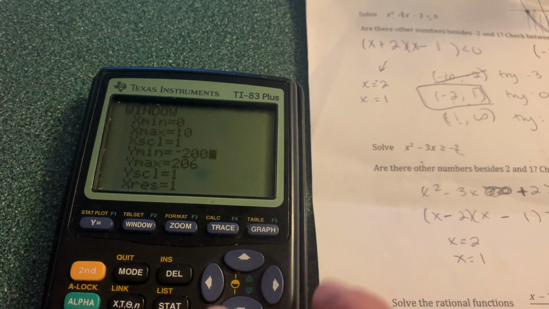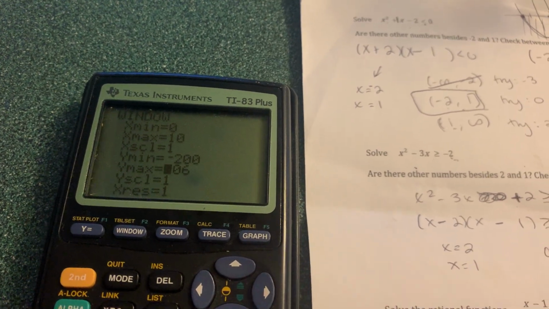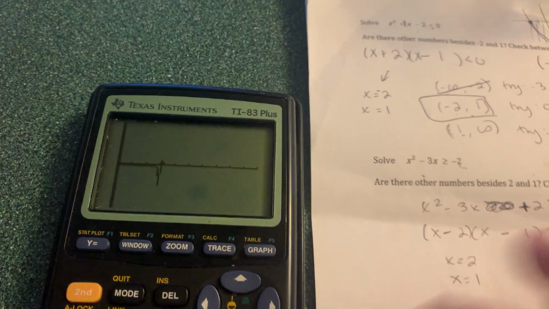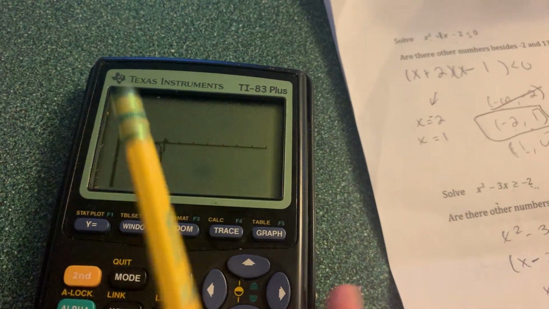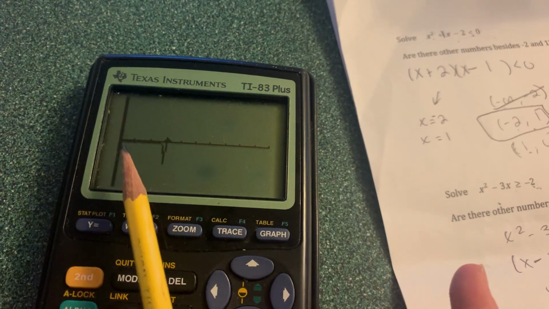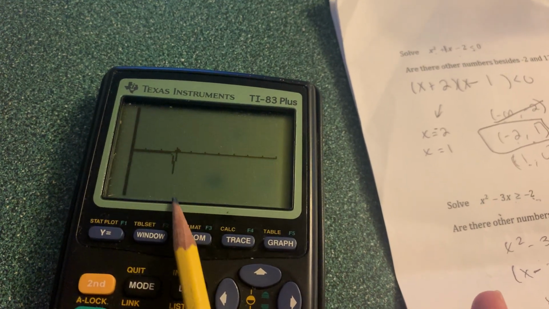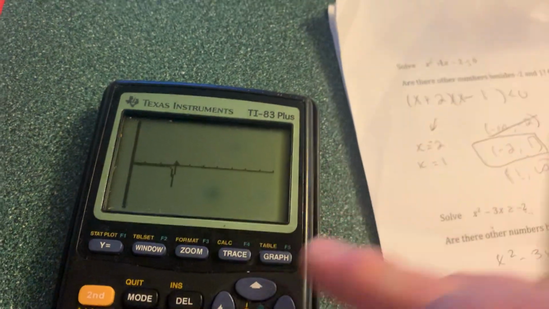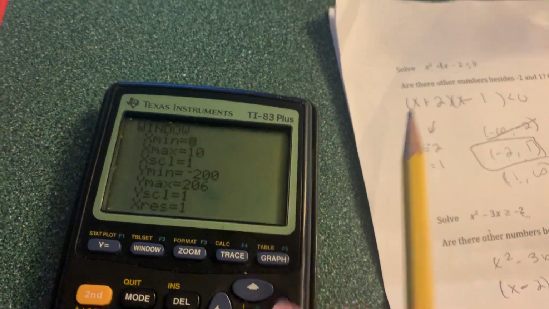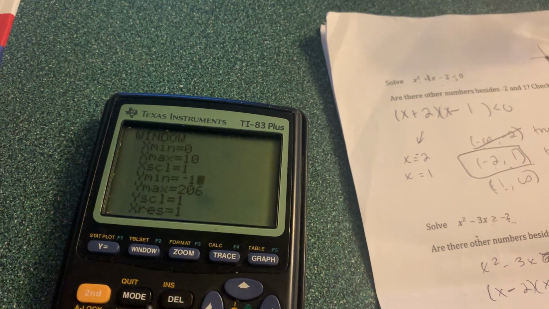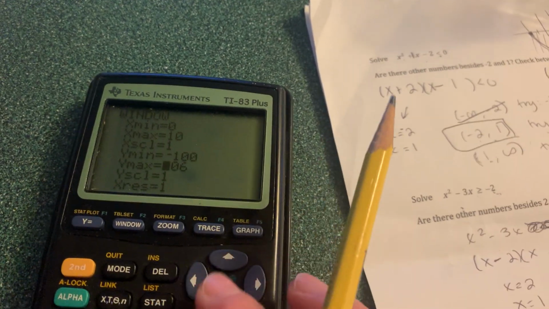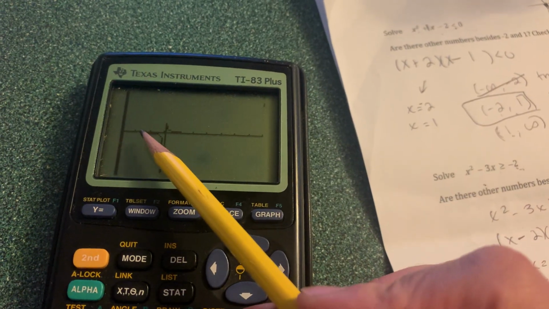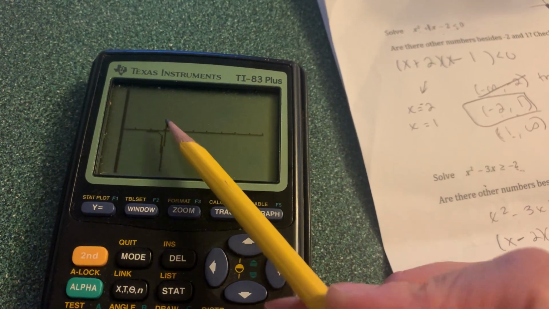Try negative 200. Okay, you can't really tell. I don't want to keep dealing with window settings, but the graph's going to be kind of like this and like this. The range is from negative 200 to 200. Let's try a smaller range. Yeah, you start to see it. So the graph kind of goes down and the graph kind of goes up.